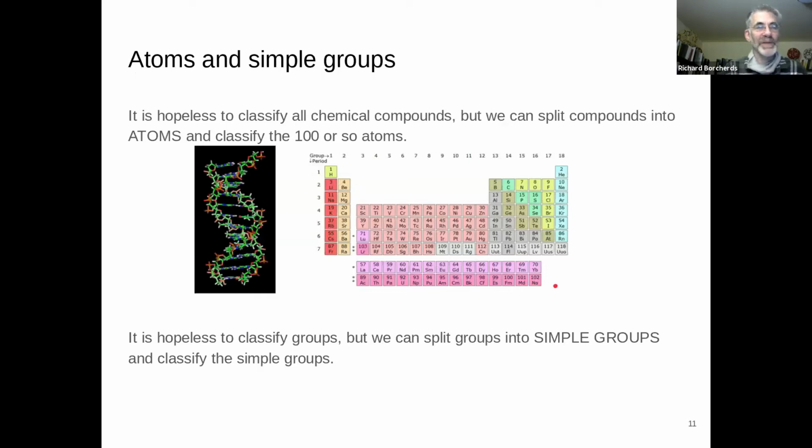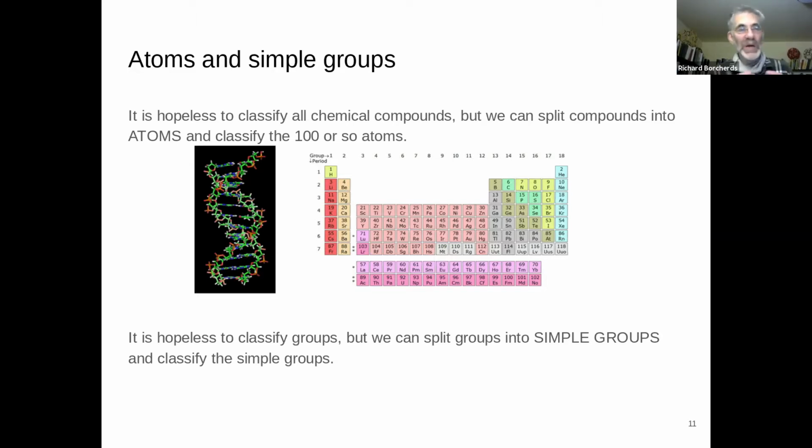So an analog of simple groups is to compare them with chemical elements. If you're trying to classify all chemicals, you obviously can't possibly classify all chemicals. So for example, here is a typical chemical. It's a piece of a DNA molecule, and as you see, it's incredibly complicated.